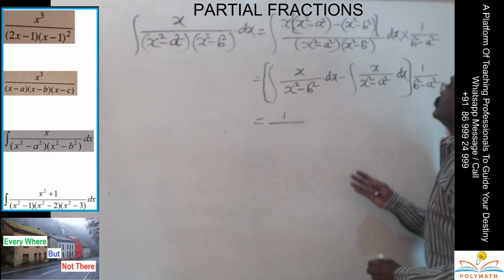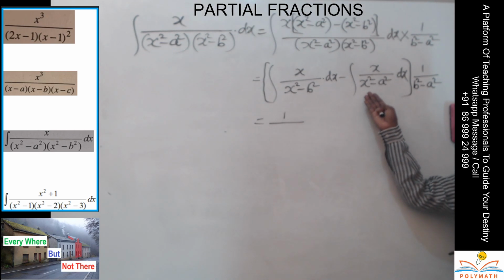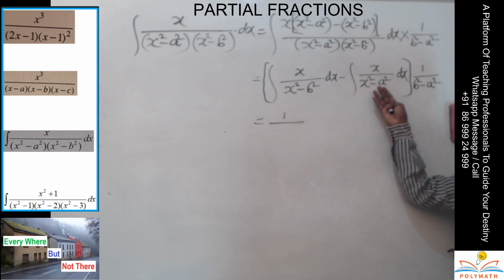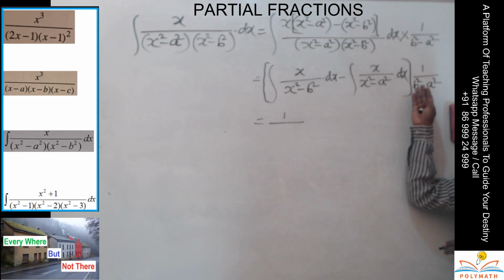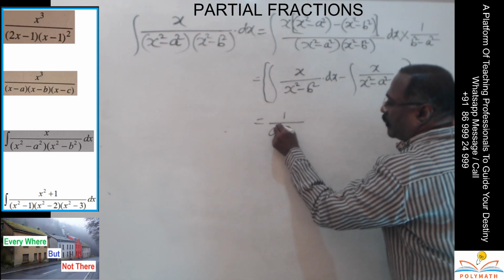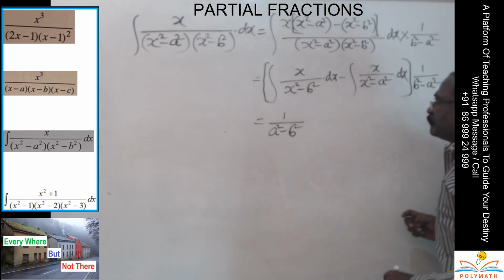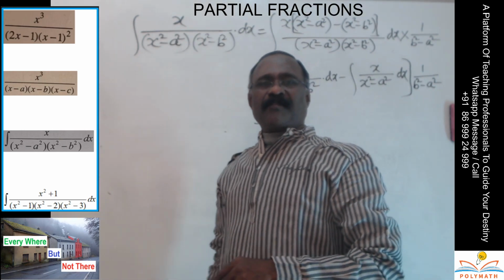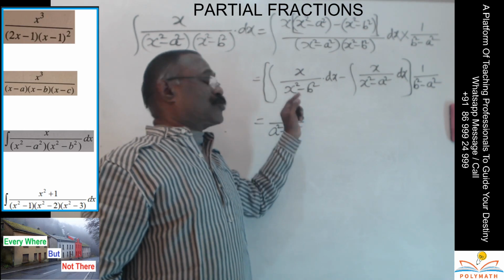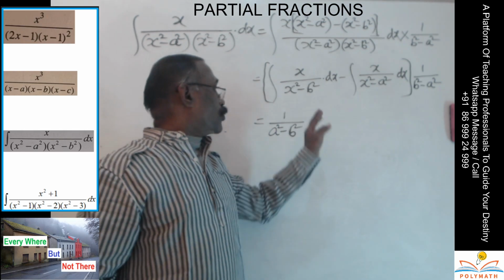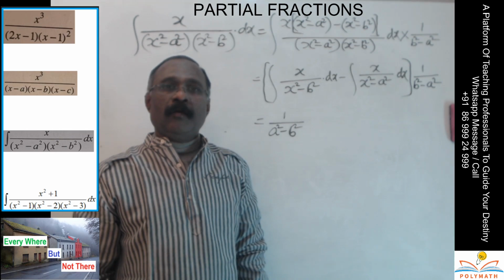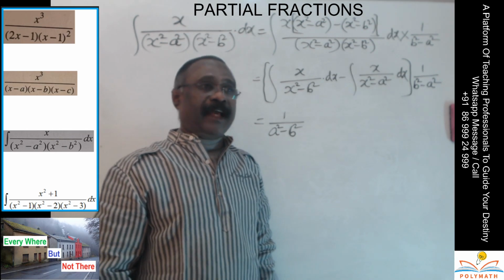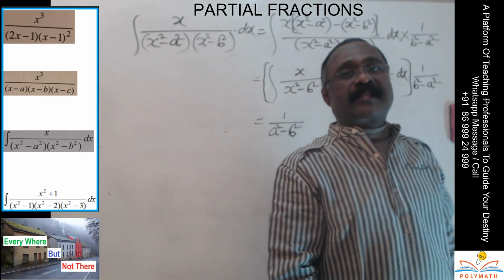Take this minus common, because x square minus a square is there. So take this minus and apply it here: 1 by a square minus b square. Now if you see carefully, the degree of the denominator is 2, x square. What is the derivative? 2x. So x is already there.